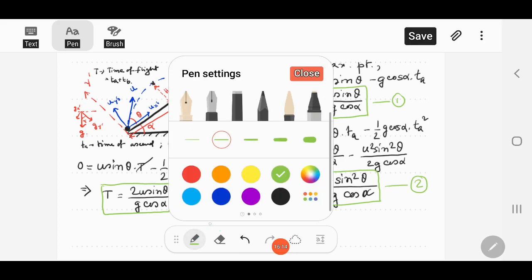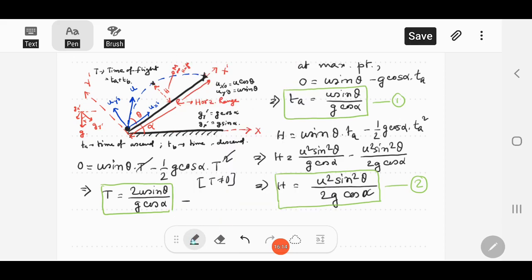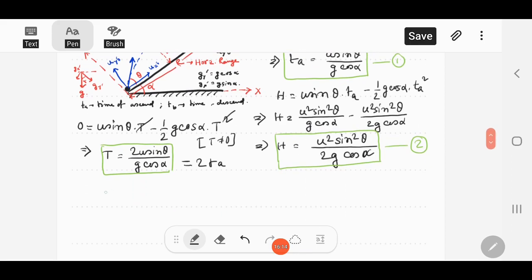So this is equal to 2 times the time of ascent. So what will be our time of descent? The time of descent will be T minus the time of ascent.